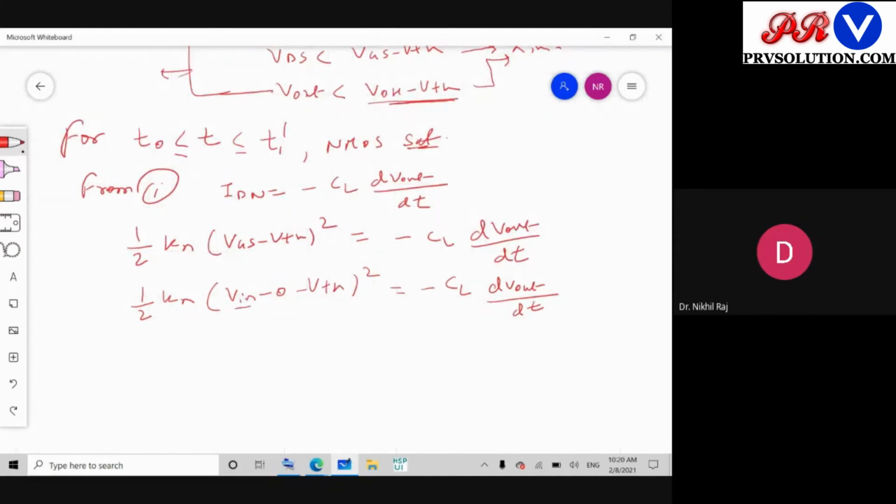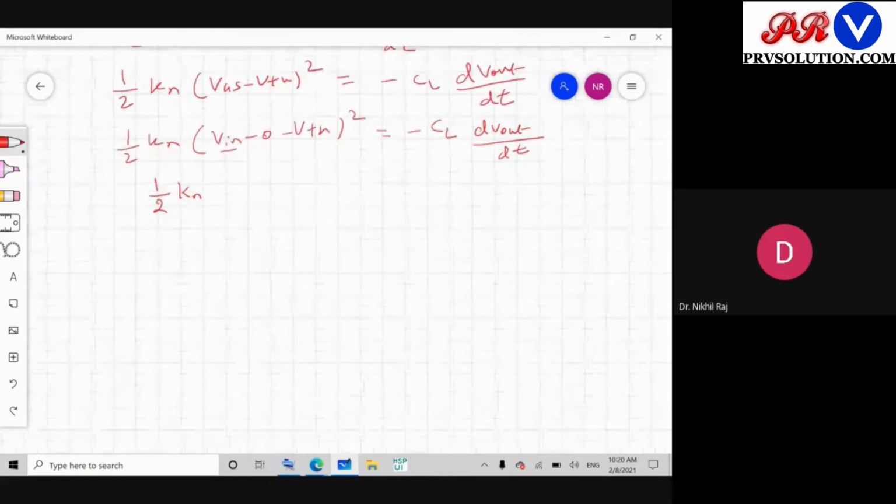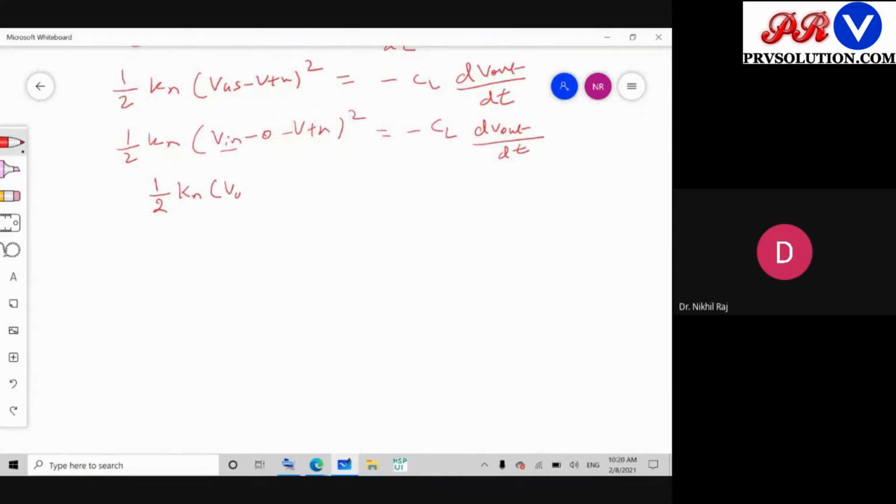Now at this point, this Vin is nothing but VOH. So I will write here (VOH minus VTH). Now we are dealing with NMOS, so we will write here VTN whole square, that is equal to minus CL dVout by dt.